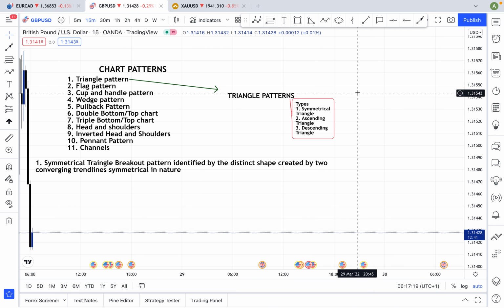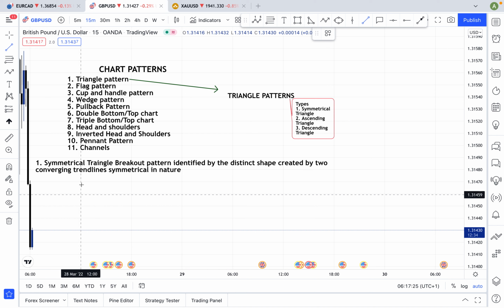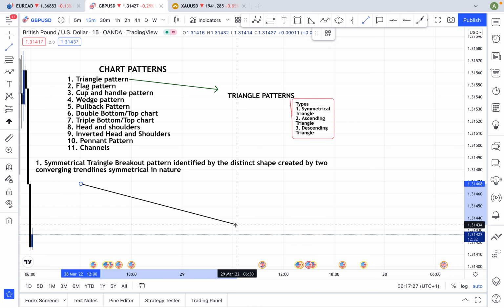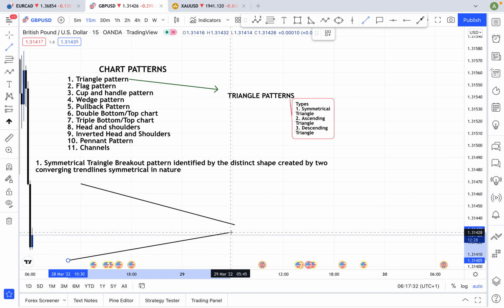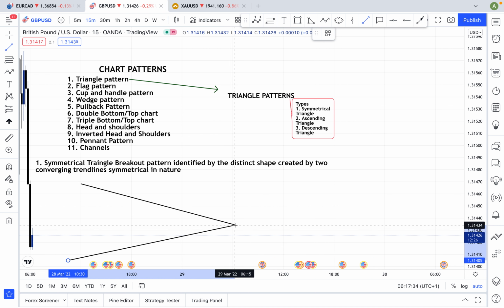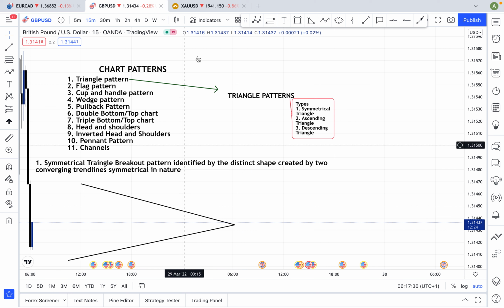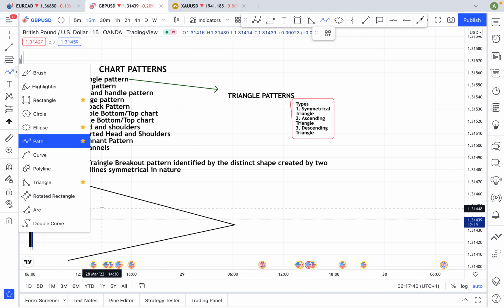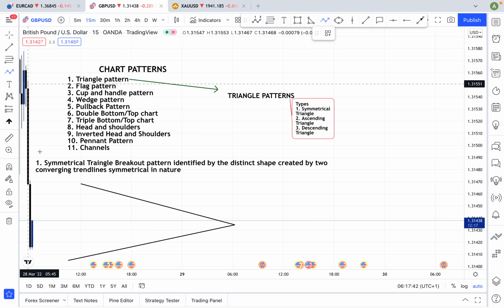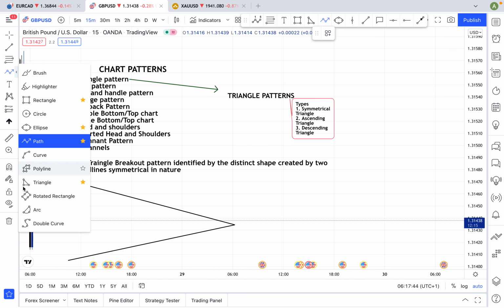So now let me actually draw it out, because it has a drawing. I would like to first take my trend line and then do it this way. Now here, and then here. So let me see. Let me just use this.